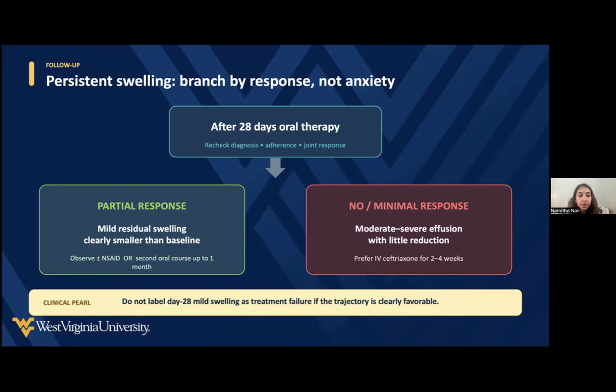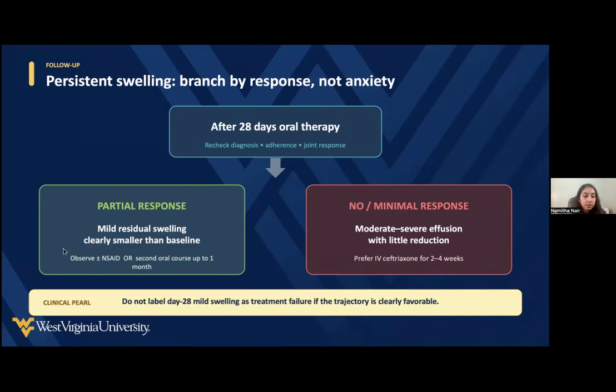If there is a partial response, like mild residual swelling, but clearly smaller than what it was before, in that case you can either observe, maybe give them some pain control like an NSAID, or consider a second oral course for up to a month. Or the alternative, it's mentioned here, either observation or the oral course. I'll talk a little more about that. But if the patient's not having any improvement, so no or minimal response with significant effusion still present, then you would prefer to go for an IV course.